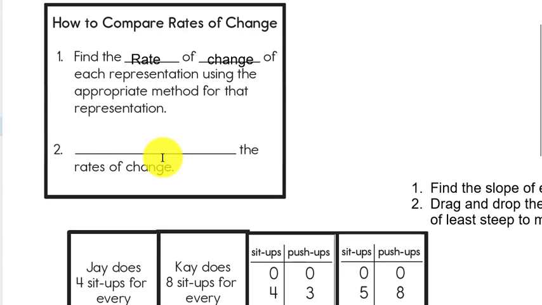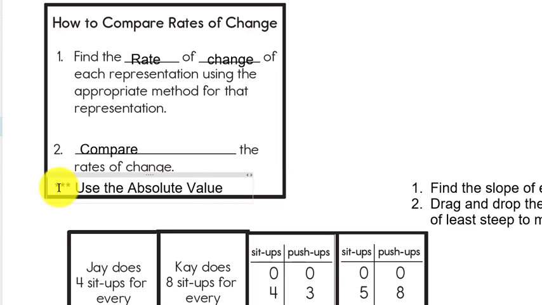And then we're going to compare those rates of change. And when we do so, I'm going to put an asterisk here and tell you, make sure you use the absolute value. Okay, that's important.